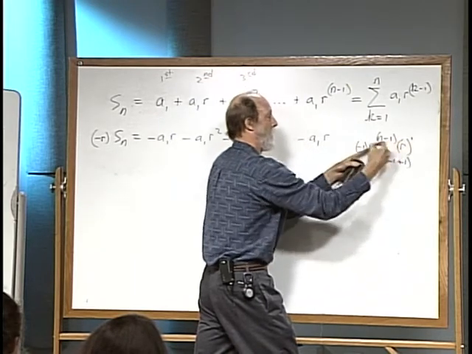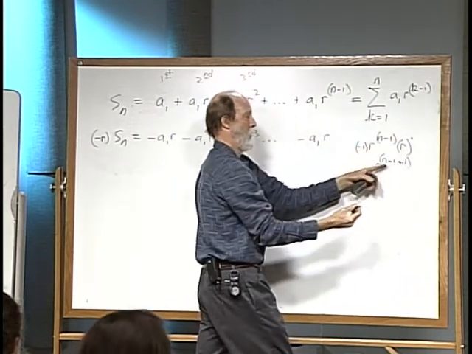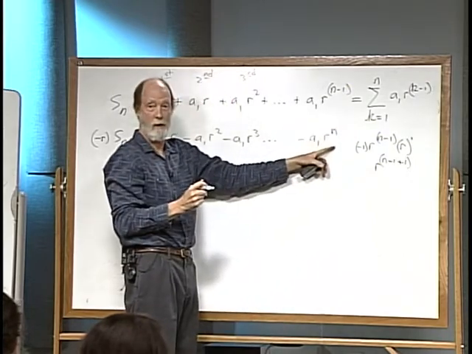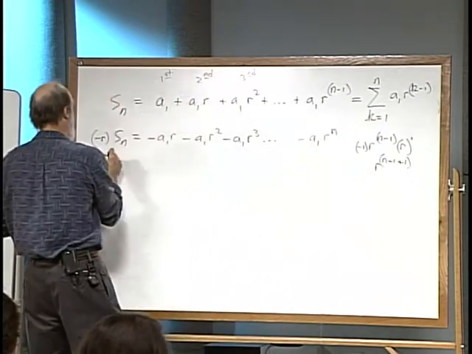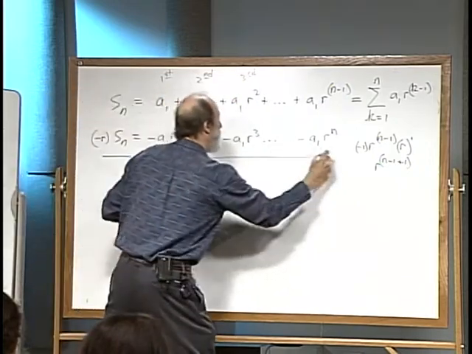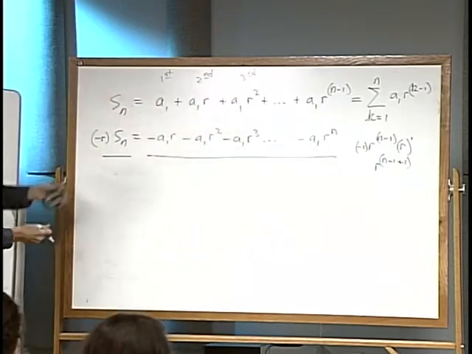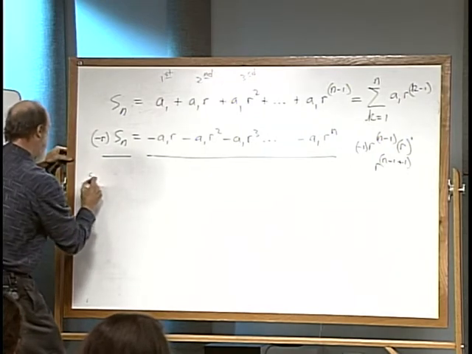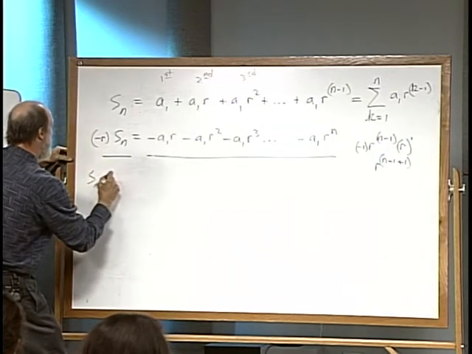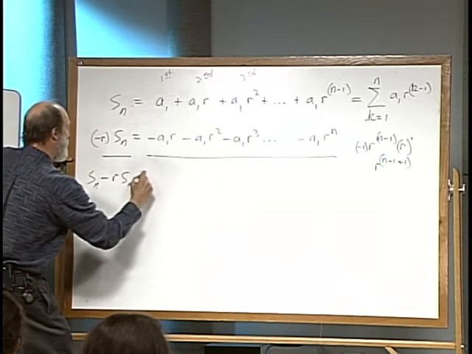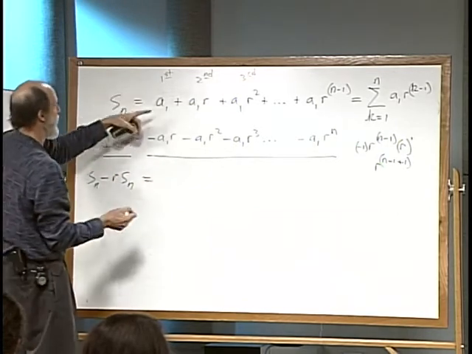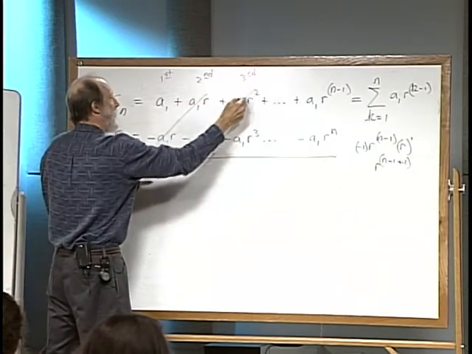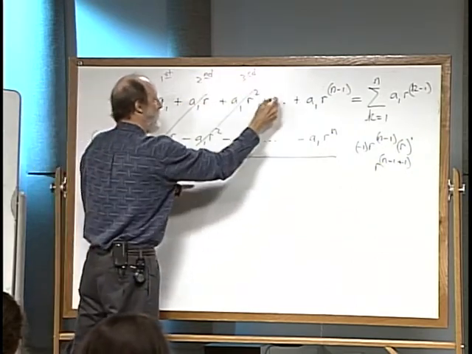You're adding these exponents, and then you get r to the n, right? Okay. Now, let's add this to this. So we have s sub n minus r times s sub n, and that's going to be equal to, look what happens over here. These terms subtract out, don't they?